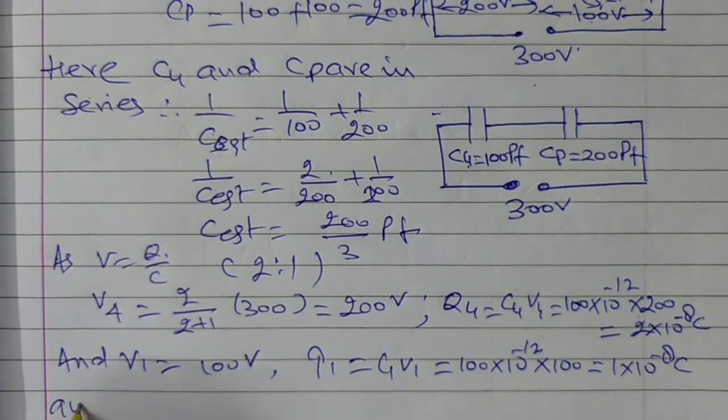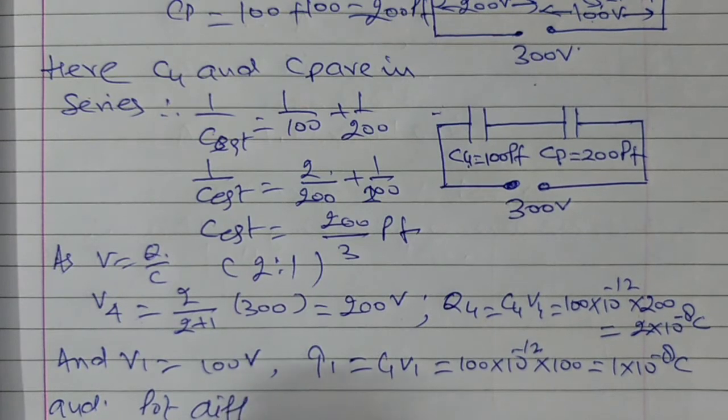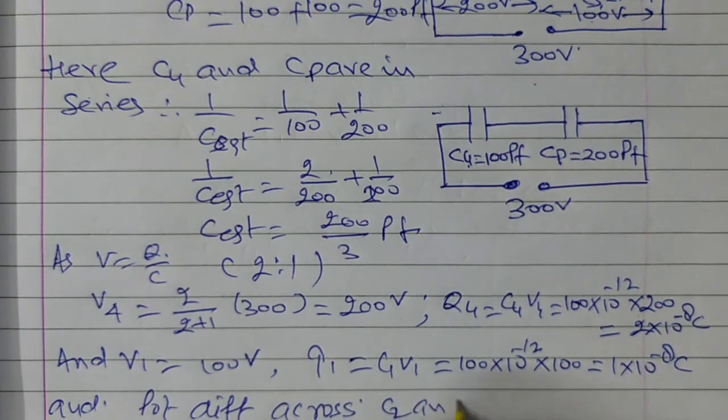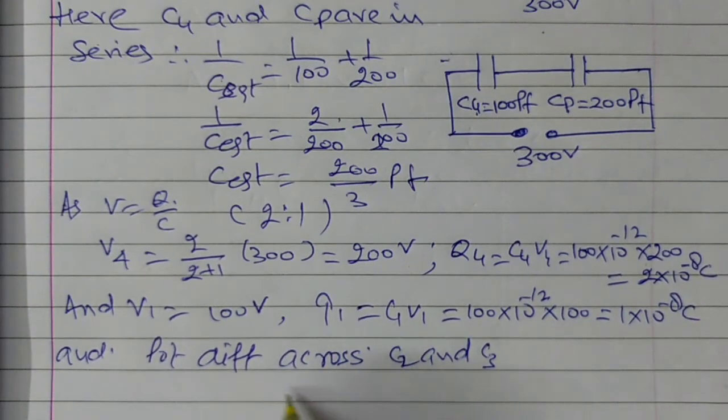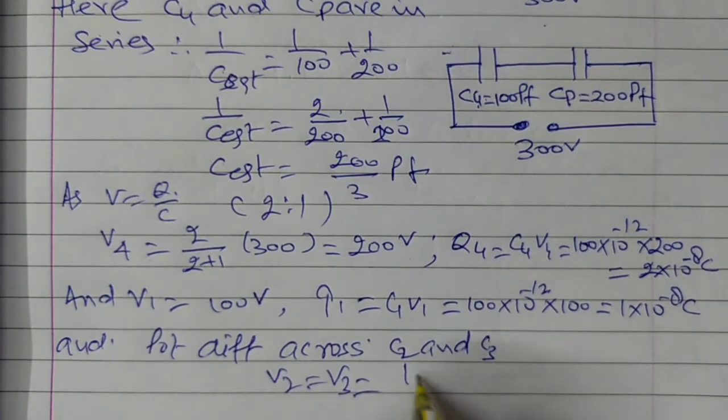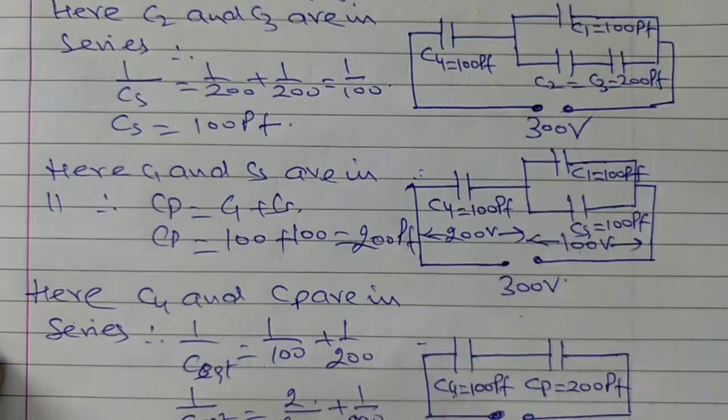The potential difference across C2 and C3, that is V2 is equal to V3 is equal to 100 upon 2 is equal to 50 volt.